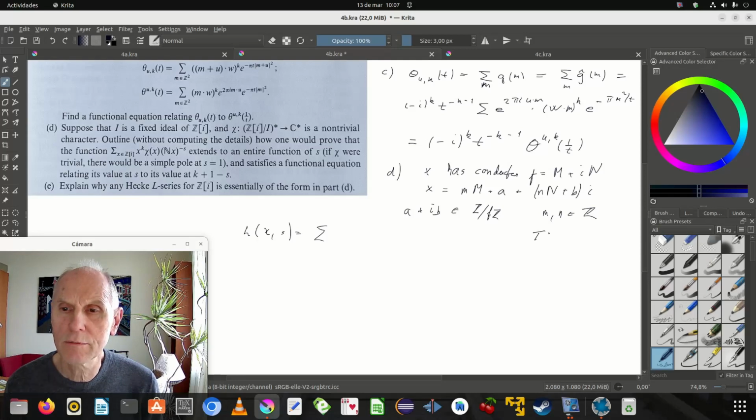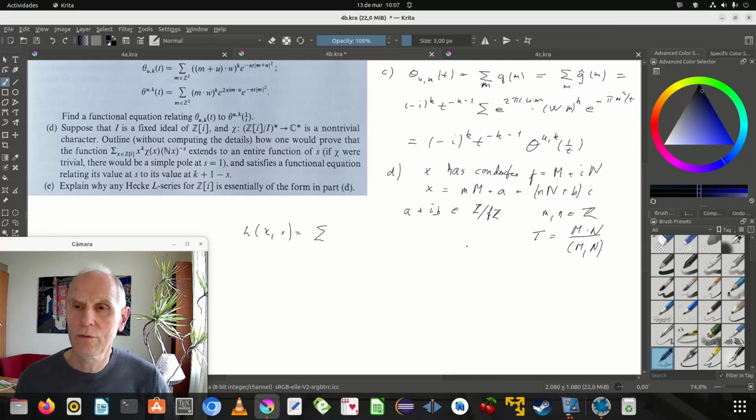Capital T. This is going to be a little complicated. They said we shouldn't do the details, but I need to show that we get a sum like this so that I can actually define the function.